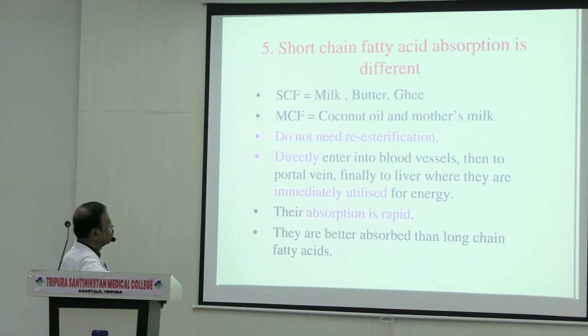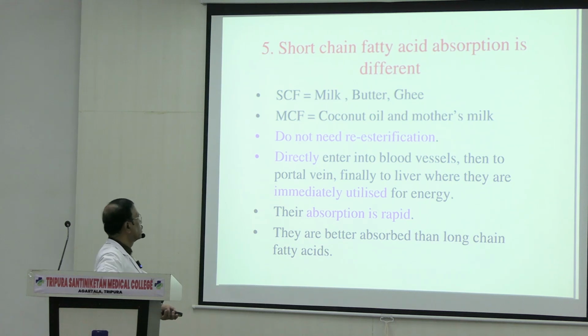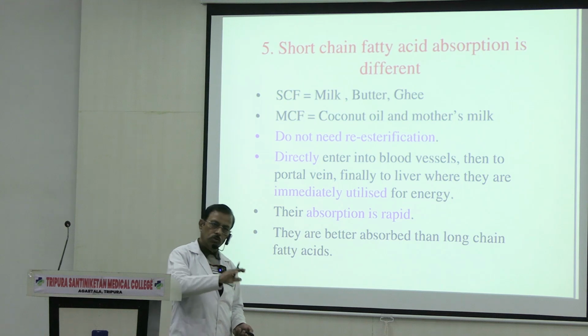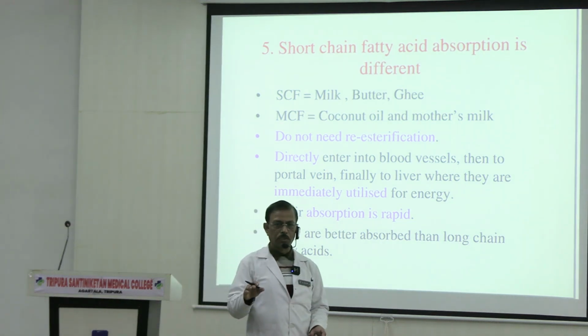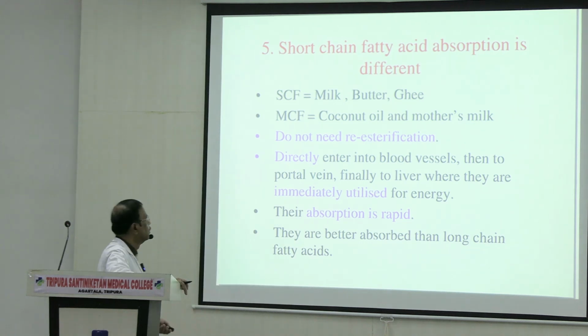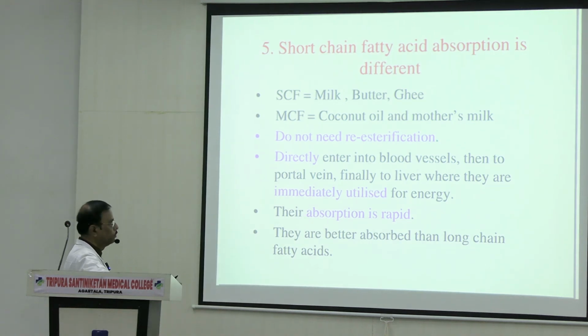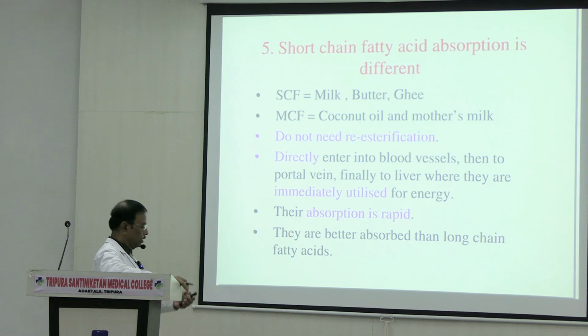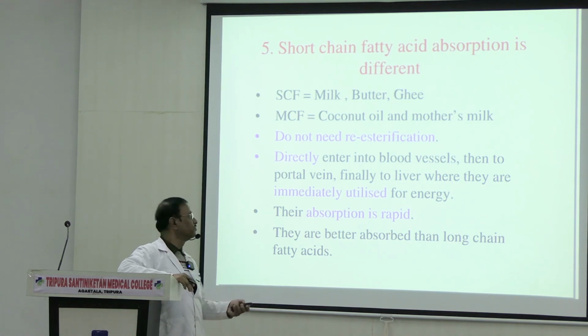Medium chain fatty acids are in coconut oil and mother's milk. Cow's milk and mother's milk contain both short chain and long chain fatty acids. Short chain fatty acids are more in human milk, and in cow's milk it is medium chain fatty acid. But different books write different things.